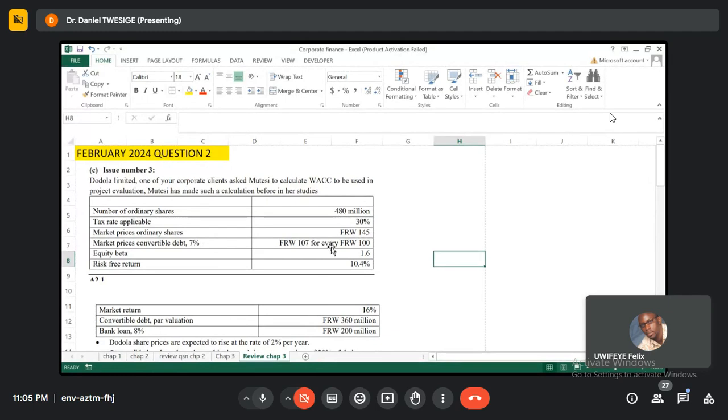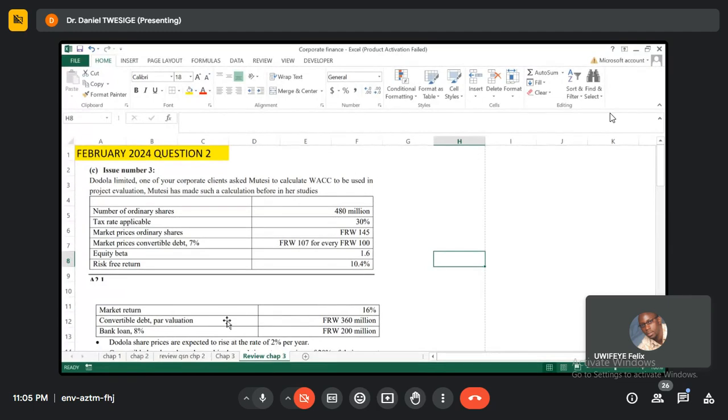Now, if you look at this, even if someone has not given you, by looking at the price at 107, automatically the par value is 100, even if the question is silent about it. You have an equity beta, you have a risk-free rate. Down here, we have a market return.